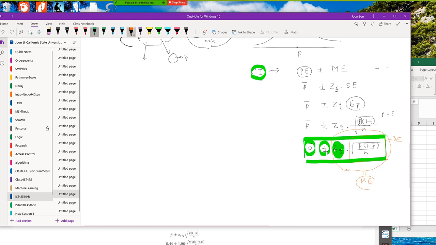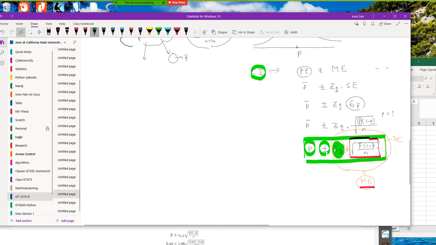The marginal error is the z value multiplied by the standard error. So I'm going to first compute the standard error, and later on compute the marginal error.